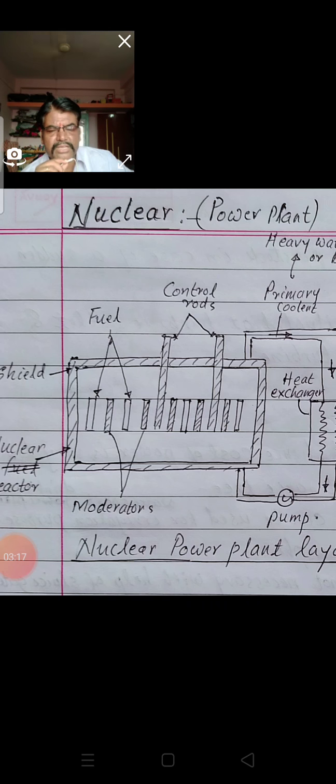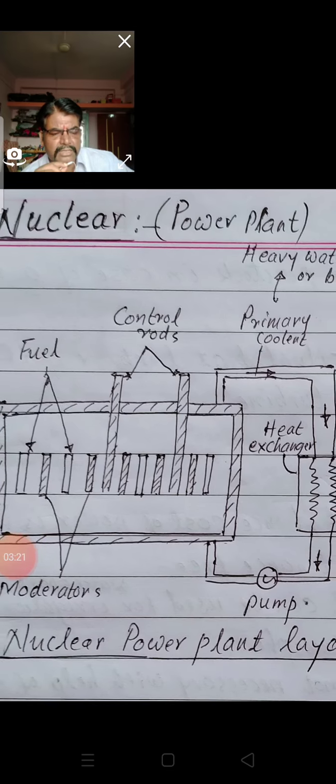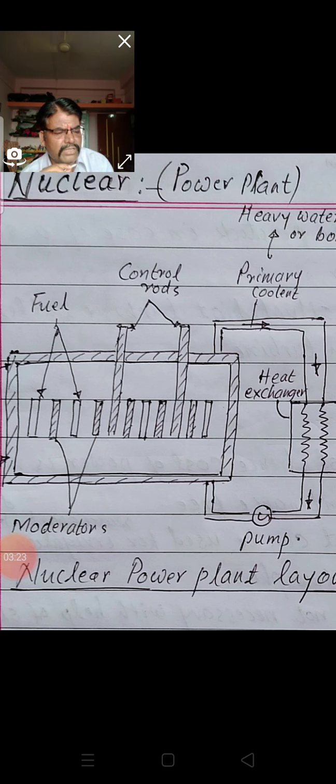Then the next part is the control rod, which you can see in the diagram. The energy produced in the reactor due to fission of nuclear fuel during the chain reaction is so high that if it is not controlled properly, the entire core and surrounding structure may melt. Hence, the reaction is controlled by means of control rods.